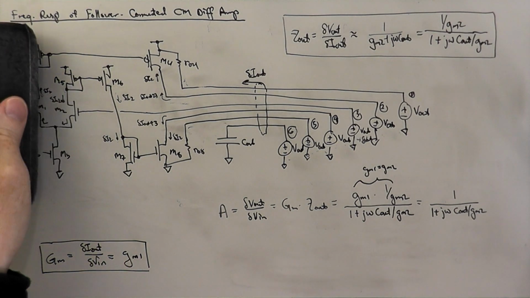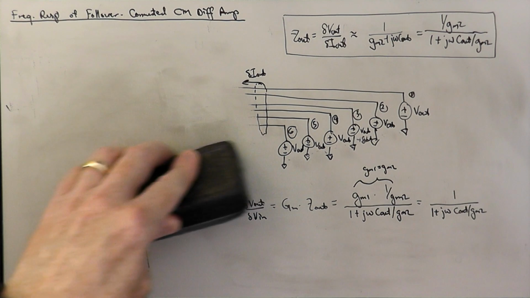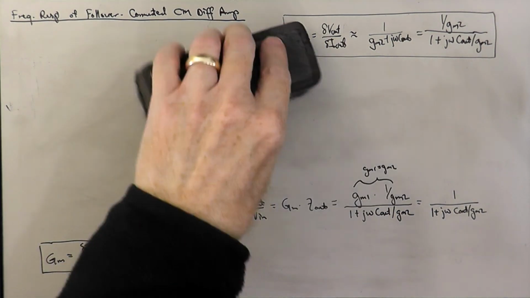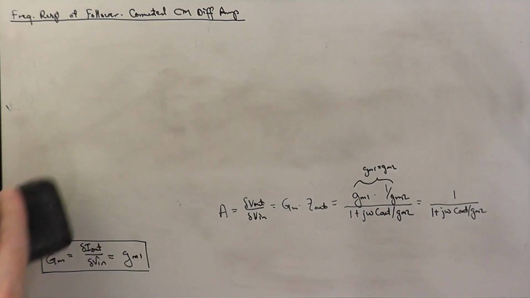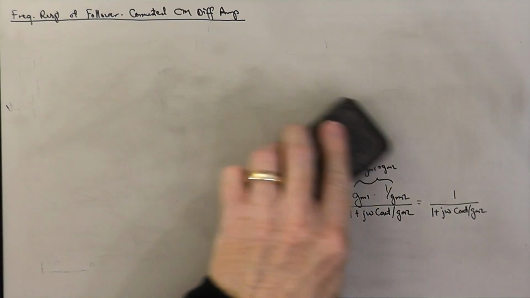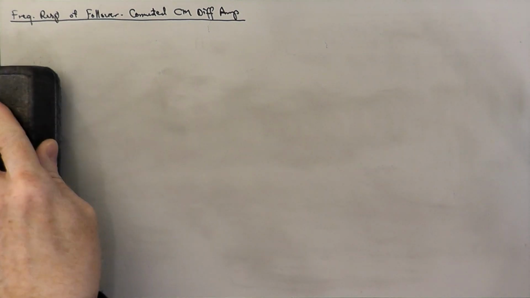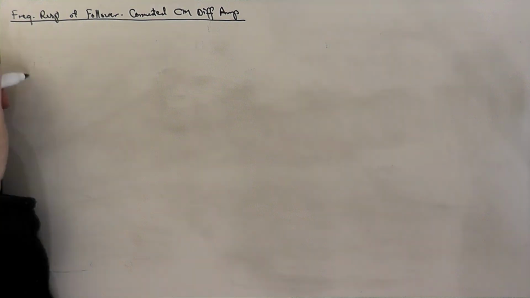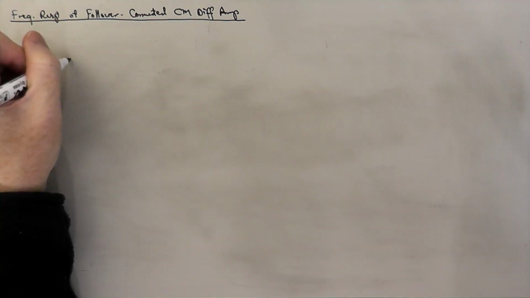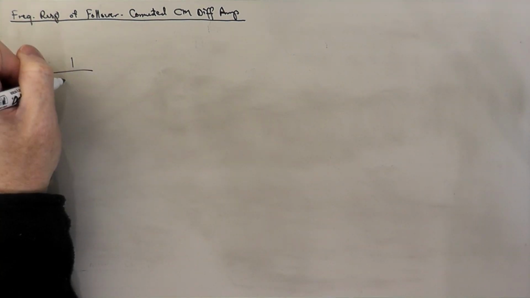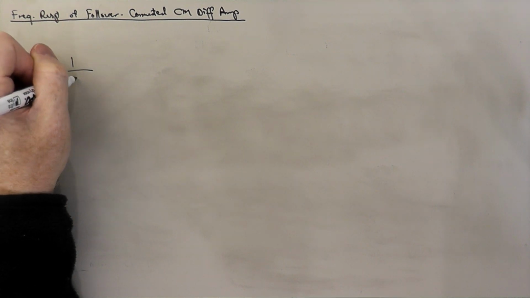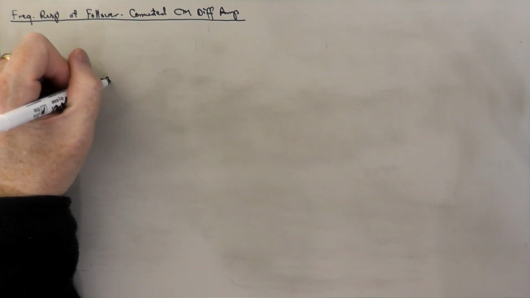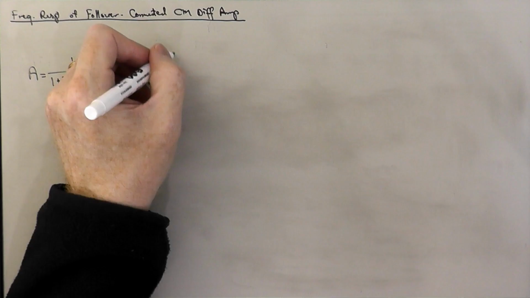So if we were to sketch that, if A is equal to 1 over 1 plus j omega C out over GM2, magnitude.